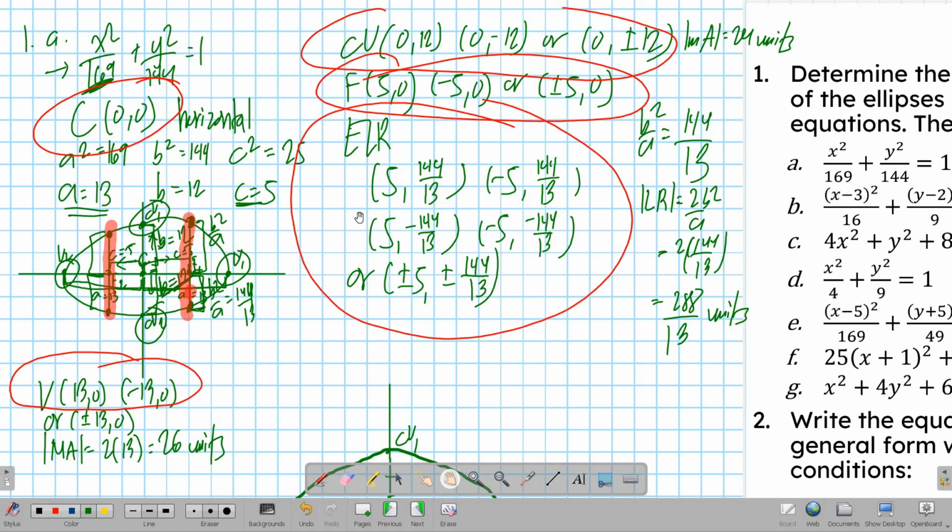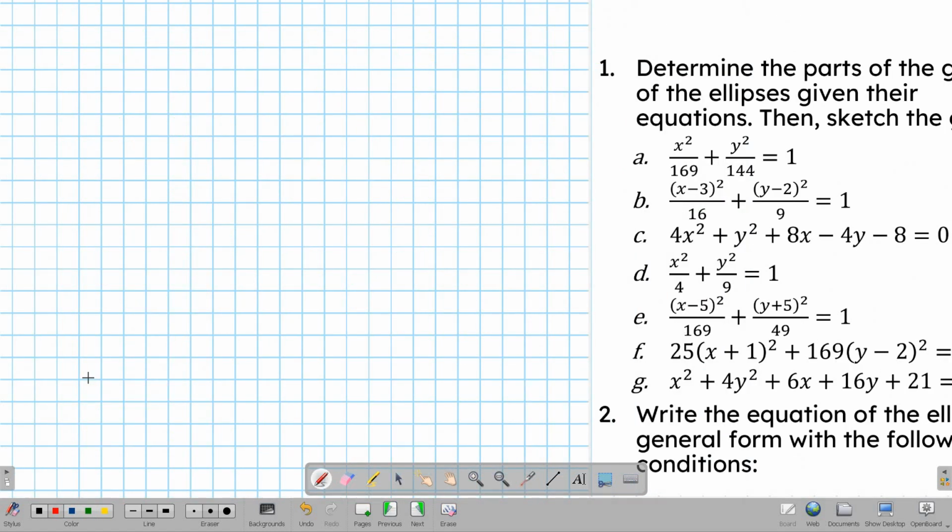Now, what if the given is not in standard form? It's in general form. Alright, so let's take a look at C instead. So at C, we have 4x squared plus y squared plus 8x minus 4y minus 8 equals 0.